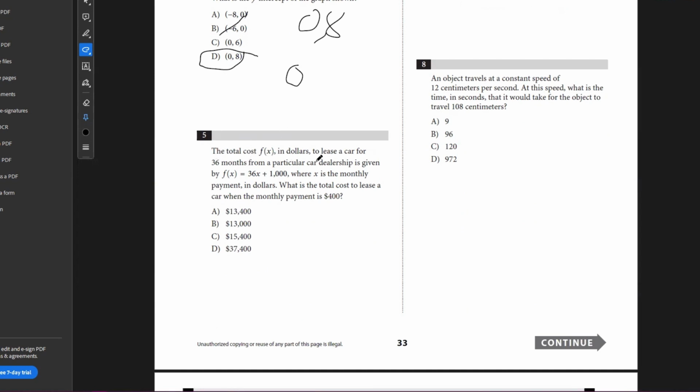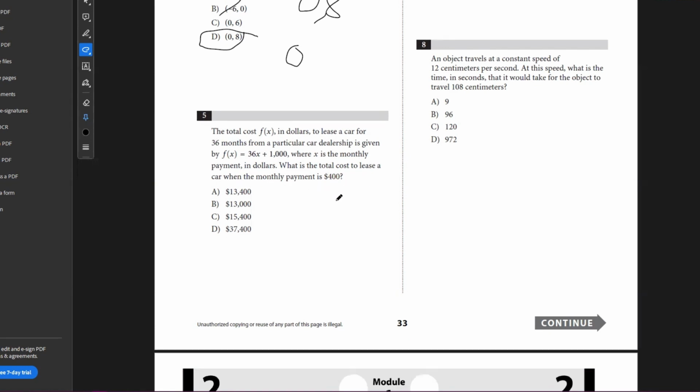The total cost f of x in dollars to lease a car for 36 months from a particular car dealership is given by f of x equals 36x plus 1,000, where x is the monthly payment in dollars. What is the total cost to lease a car when the monthly payment is $400? The question is saying that x is equal to the monthly payment. And the question is asking, what is the total cost to lease the car when the monthly payment is $400?